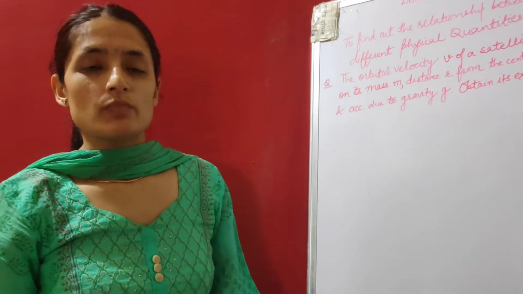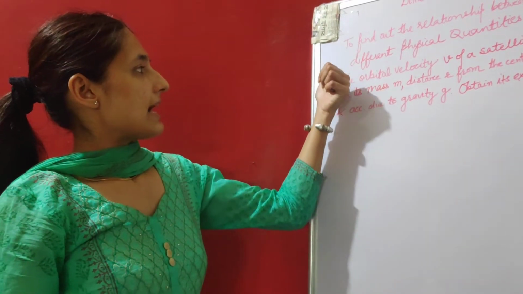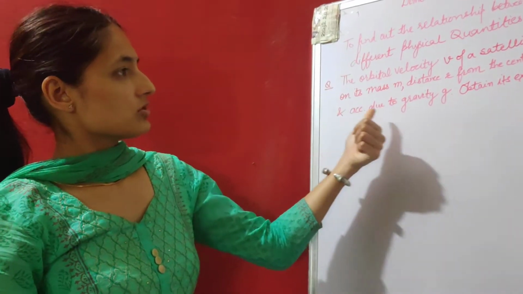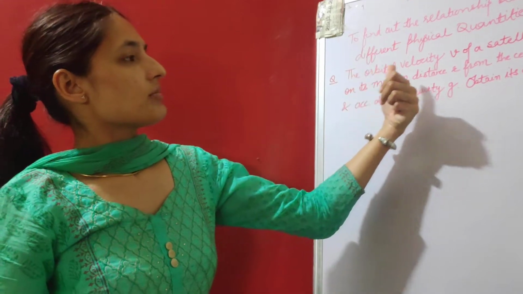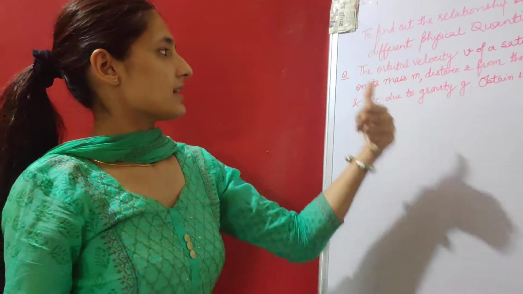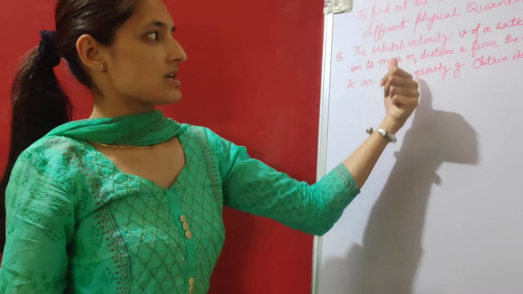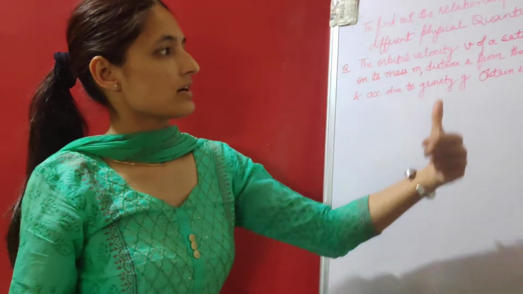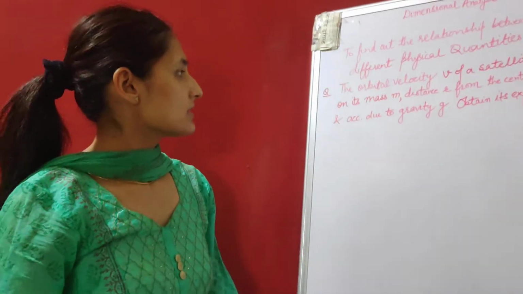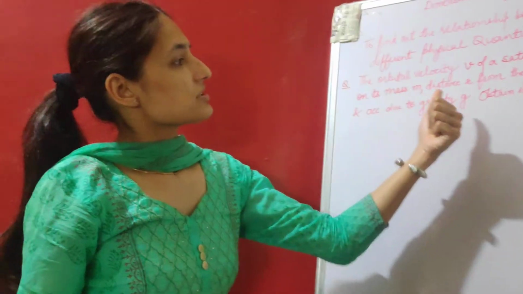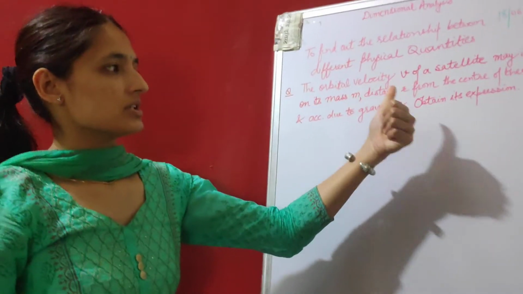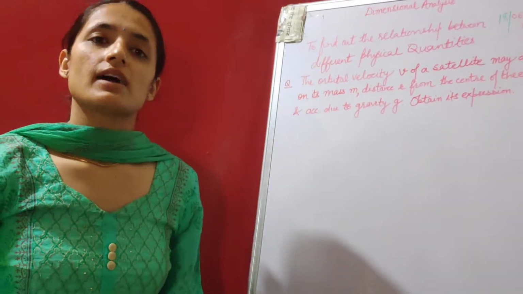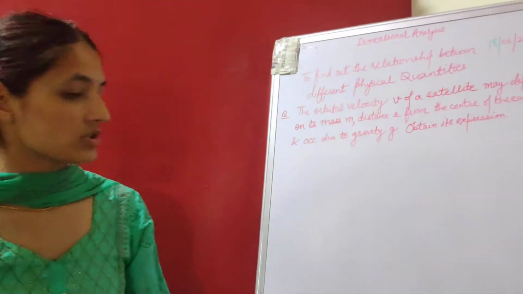Now to make you understand this, I have written a question on the board. The orbital velocity v of a satellite may depend on its mass m, distance r from the center of the earth, and acceleration due to gravity g. Obtain its expression. So this is a question.